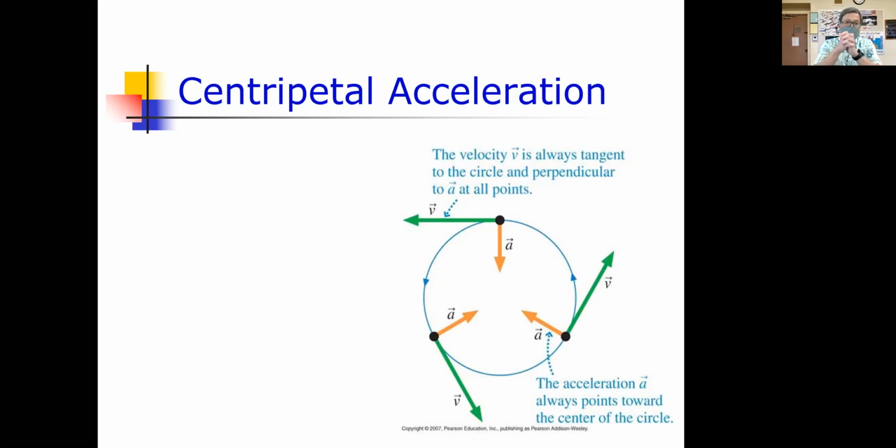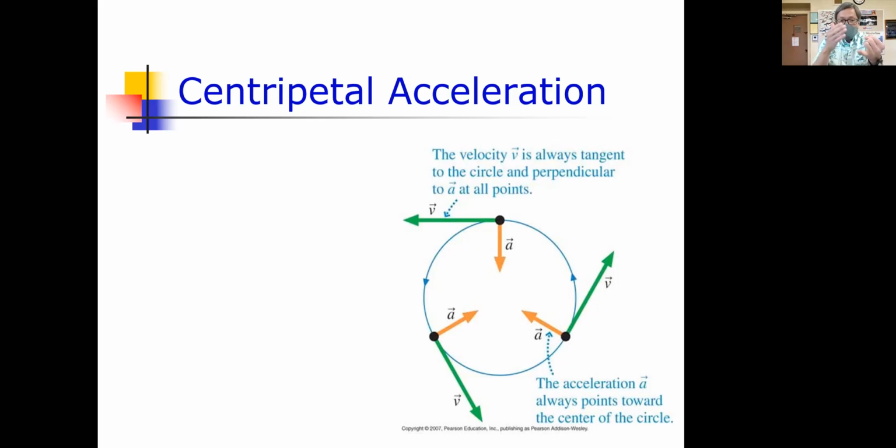How do we know that the object is accelerating? It can be moving at the same speed. Now, if you change its speed, yes, that's obviously accelerating because it's increasing its speed. If you slow it down, it is accelerating because it's changing its speed. But remember, we said that acceleration also involves a change in direction. So the reason why an object moving in a circular manner is constantly accelerating, even though it is moving at a constant speed, let me make sure you understand this.